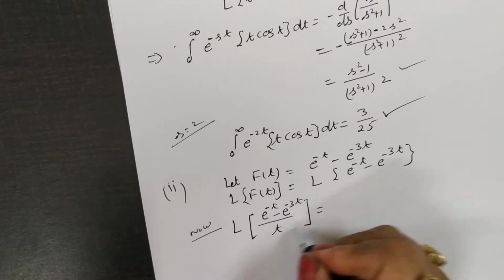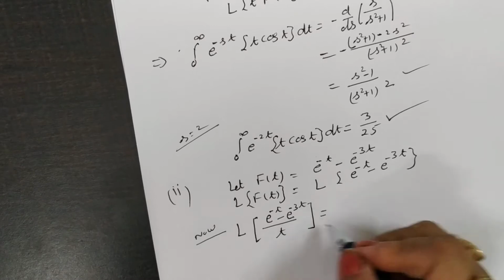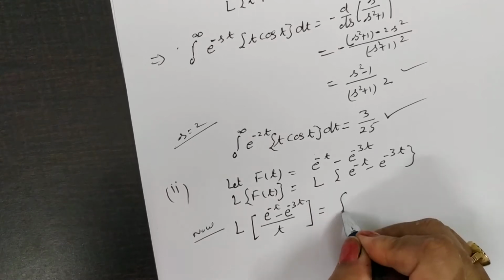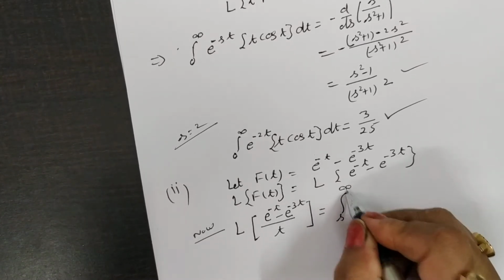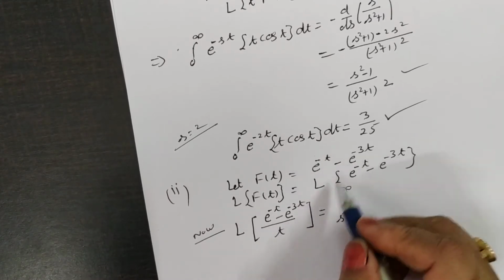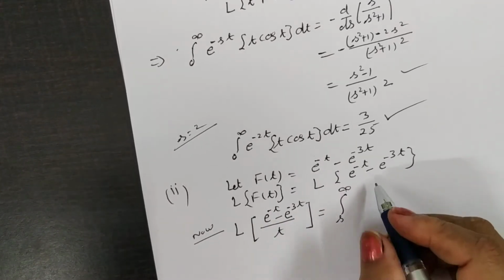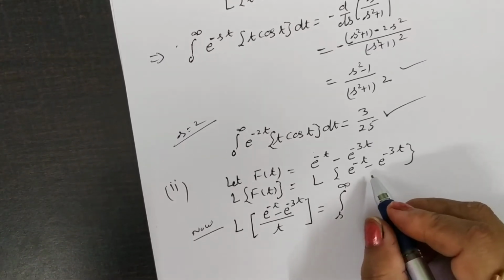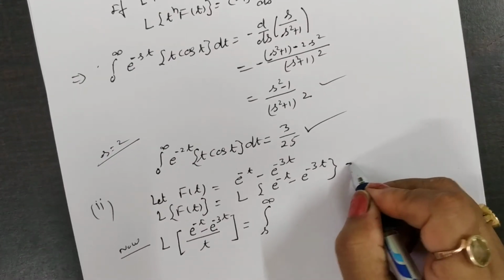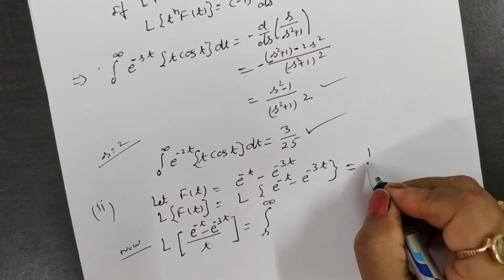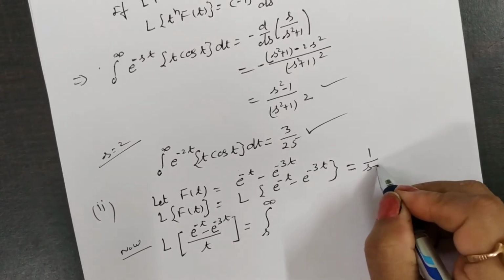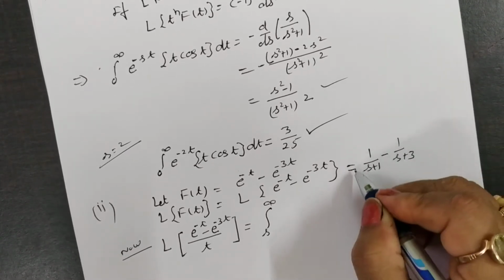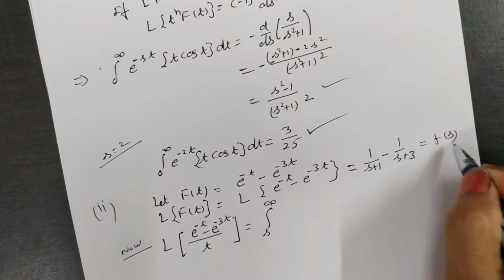In example 3, I have solved this integral type of property. According to this property, the Laplace of f(t) by t is the integral from s to infinity of F(u) du. If you take the Laplace of this, you get 1 by s plus 1 minus 1 by s plus 3, and this is F(s).